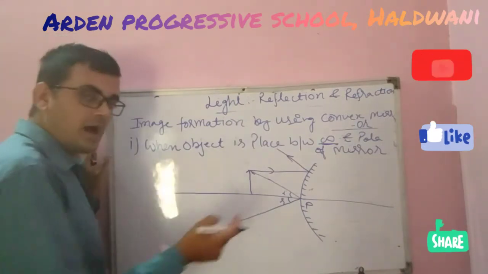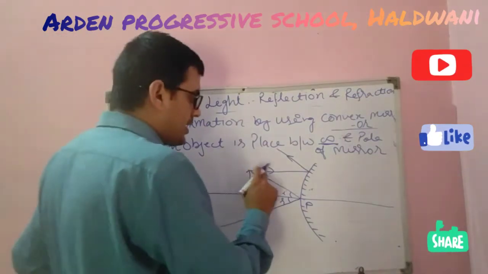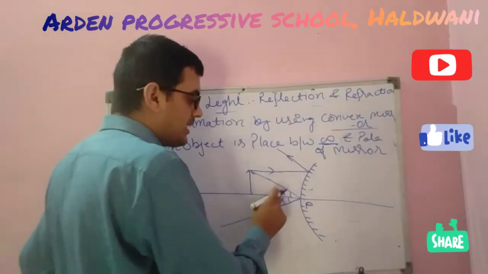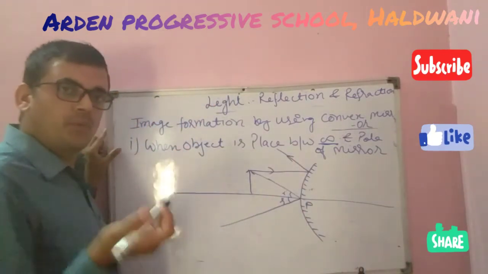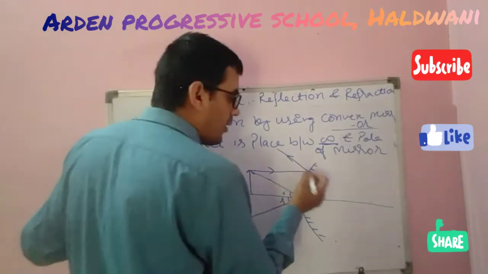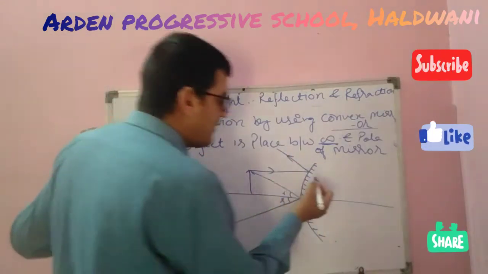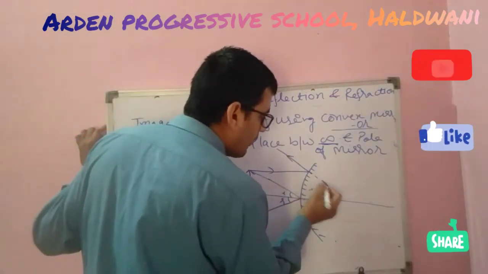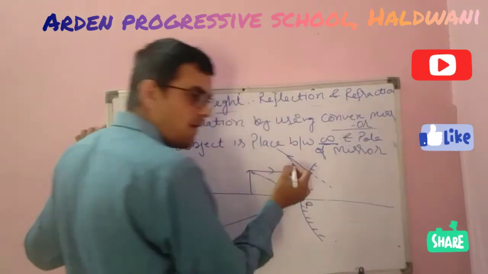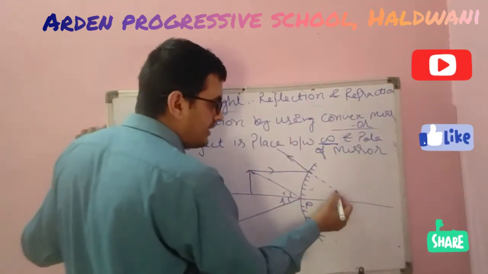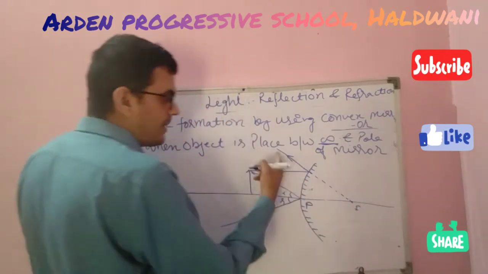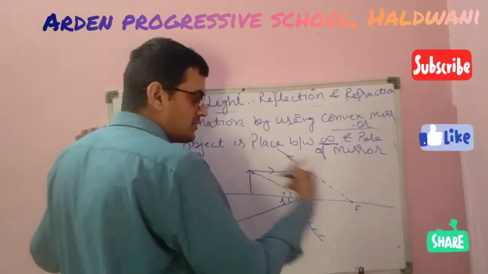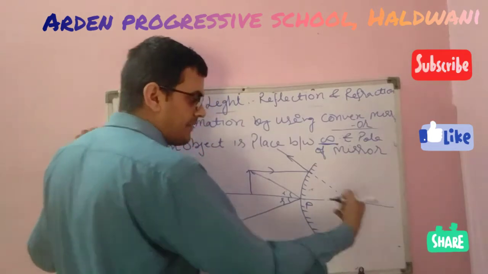I have told you that when our ray of light travels parallel to the principal axis, its image will be formed, or will appear to be formed, at focus. So what we will do? We will draw it on the back side like this. We can draw this ray like this at focus.